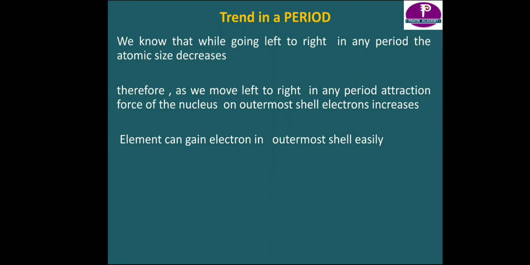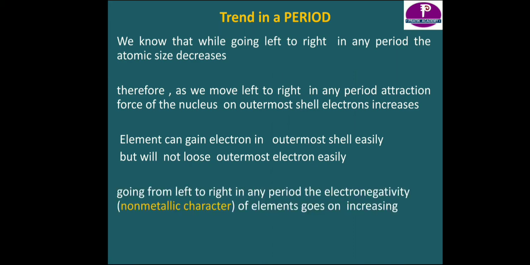That is, as the force is increasing, the nucleus can attract outer electrons more easily towards itself as we go from left to right. But at the same time, it requires more effort to lose electrons, or we have to put some extra effort to remove an electron from its outermost shell.